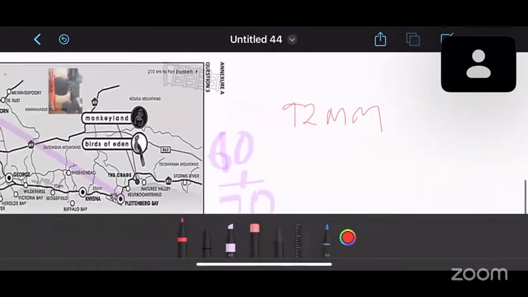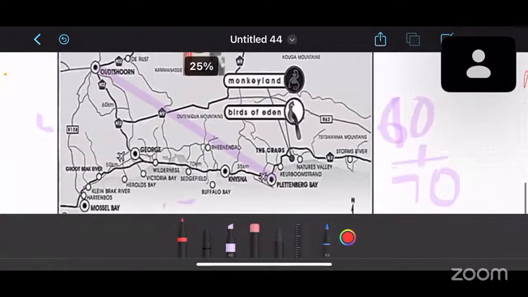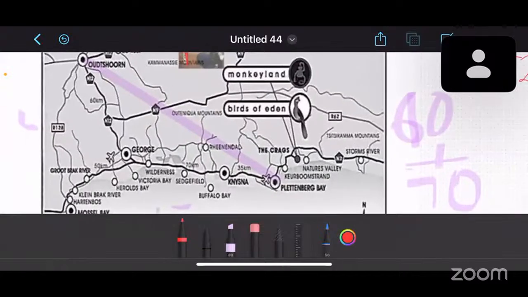Okay, guys, this is what you're going to do. The distance from Outshorn to Plattenberg is 165 kilometers in actual, because it's 60 kilometers plus 70 kilometers plus the 35 kilometers, right? We previously calculated the 60 and the 70 and it gave us 130.